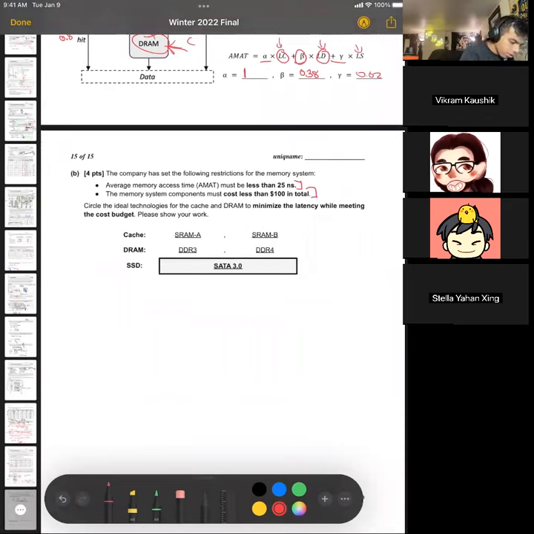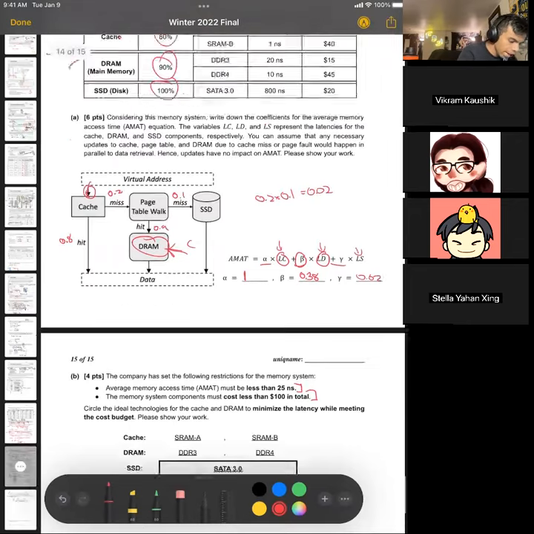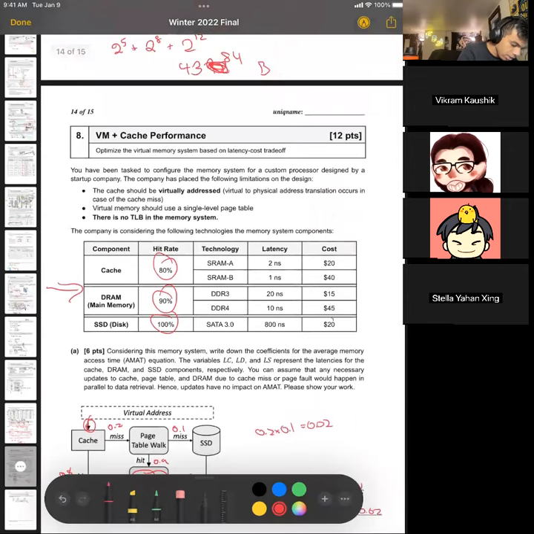Okay, so we can choose between SRAM A and B. We can choose between DRAM 3 and 4, and we have to use that SSD. So we only have $100. Let's look at what options I can actually consider, because I don't need to consider every single combination if there are cost constraints. I have to use the SSD, and the SSD costs $20.